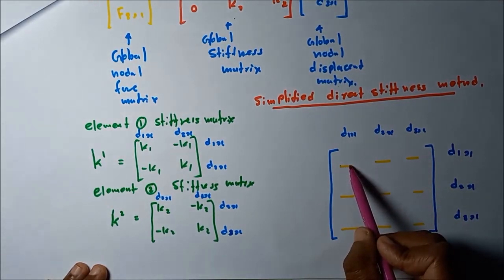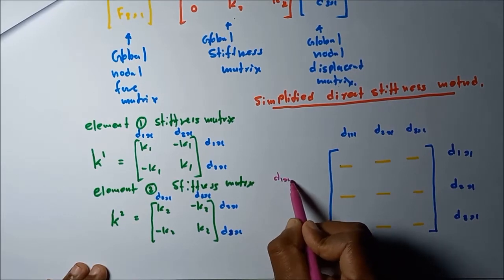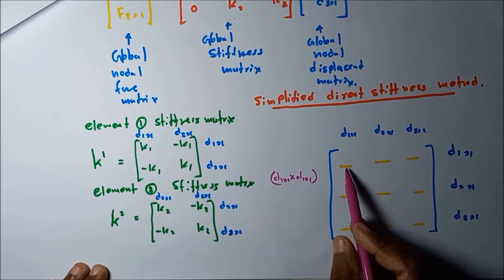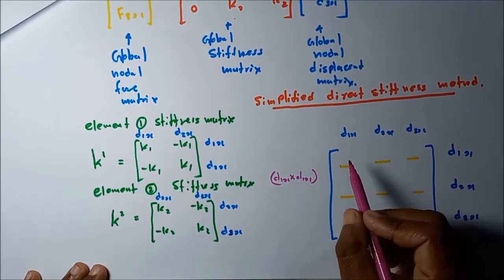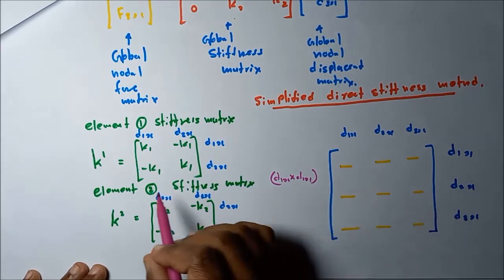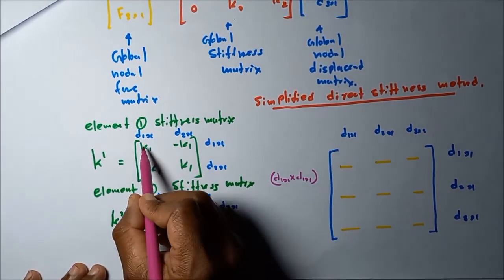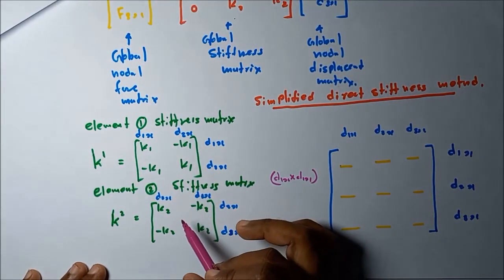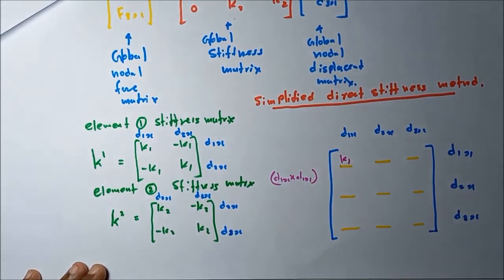If you take this term, d1x into d1x terms should be included in this position. So what are the d1x terms we can find from these two stiffness matrices? Here the d1x. There is no other d1x term, so we can put k1 here.